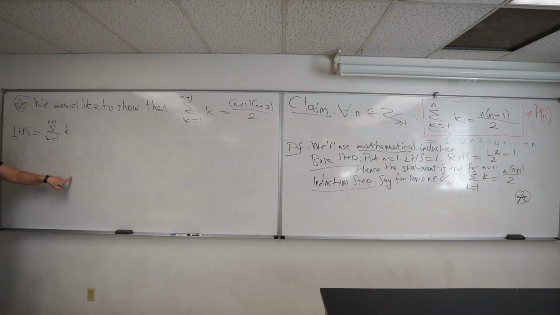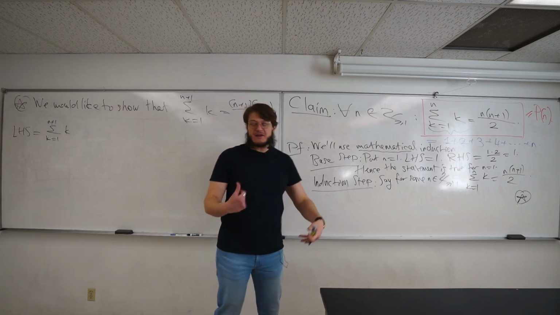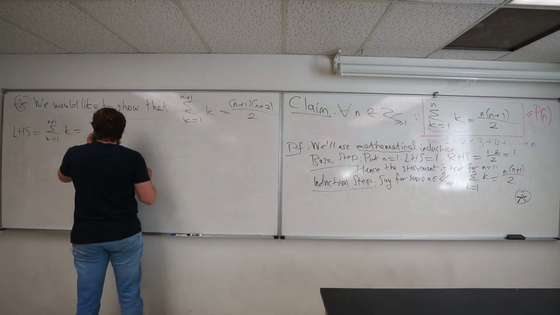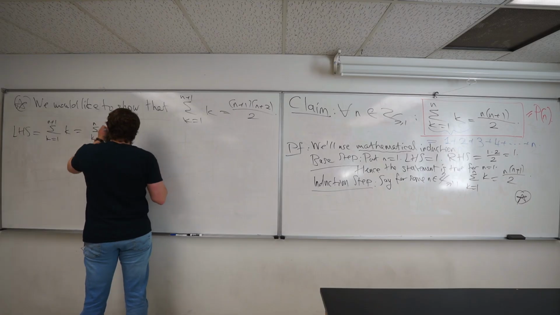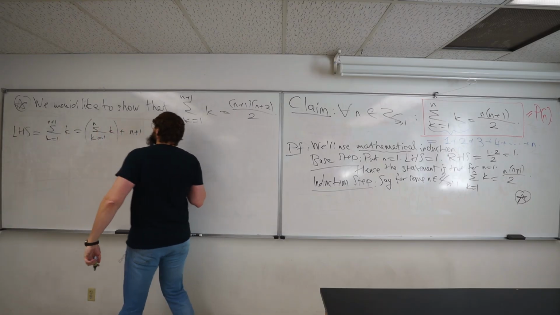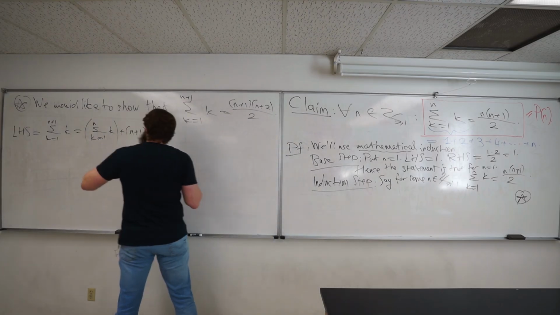OK. The sum from 1 to n plus 1 I can split as the sum from 1 to n plus the n plus first term. Maybe I can write it like so. Just split this.